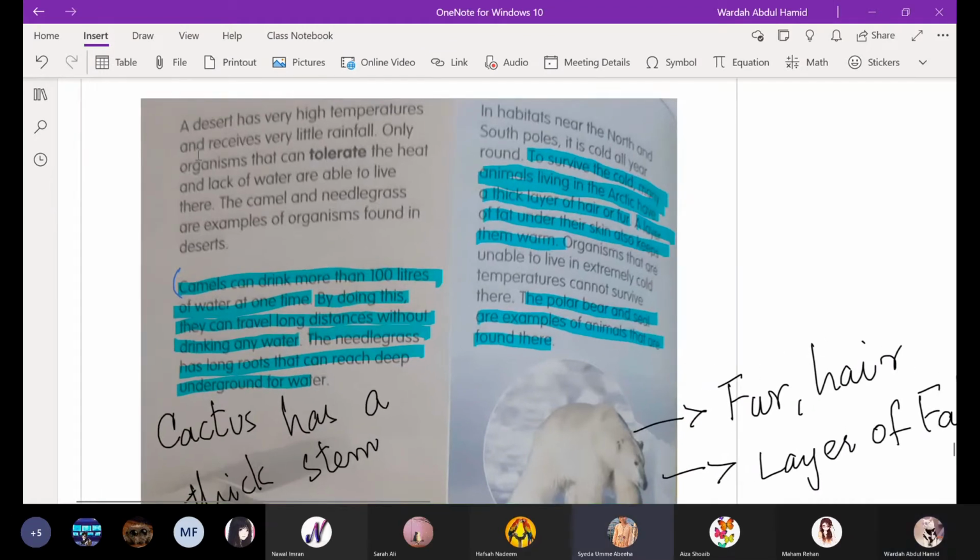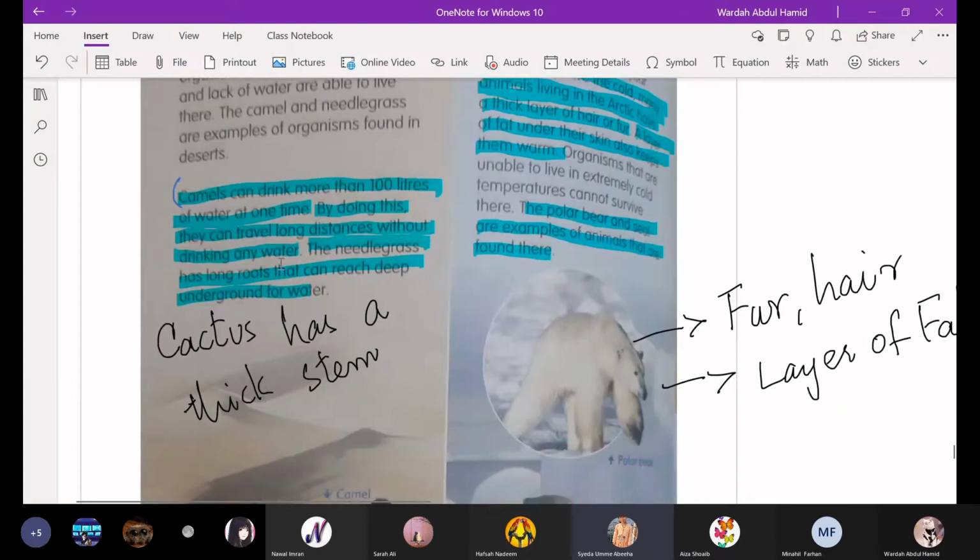Yes. A desert has very high temperatures and receives very little rainfall. Only organisms that can tolerate the heat and lack of water are able to live there. The camel and the needlegrass are examples of organisms found in deserts.